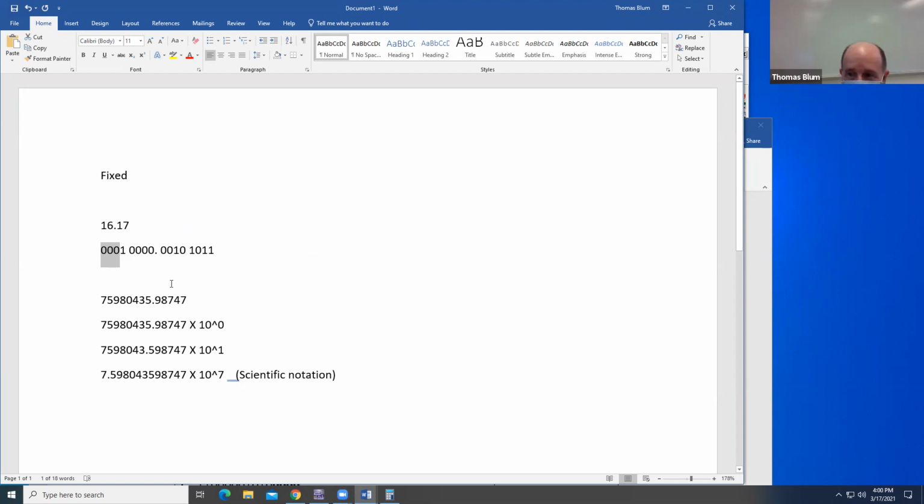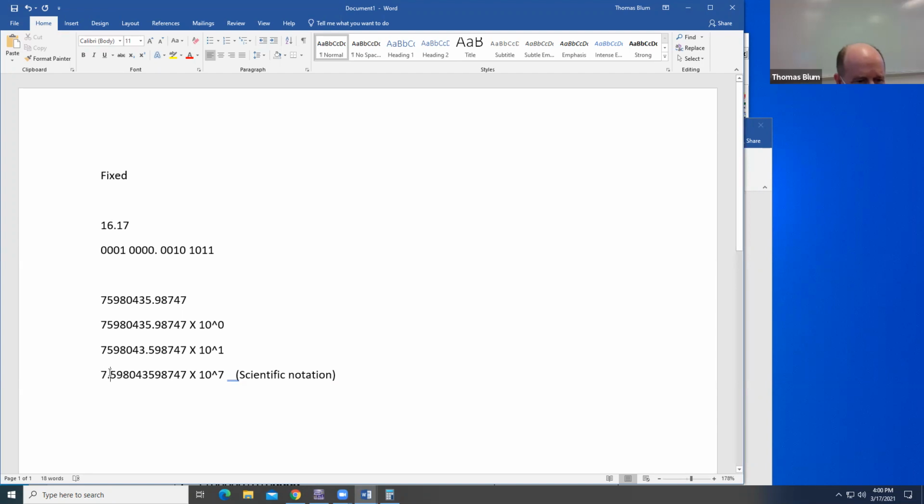So we're going to play by the same rules as scientific notation. The dot comes, we have a power. 10 was our base in decimal, but now our base is going to be 2. And we're going to have a dot, and the dot goes after the first non-zero digit.